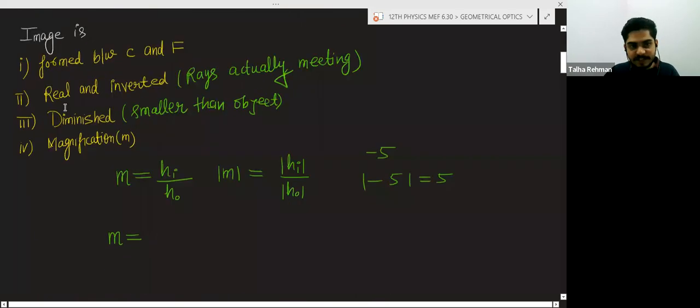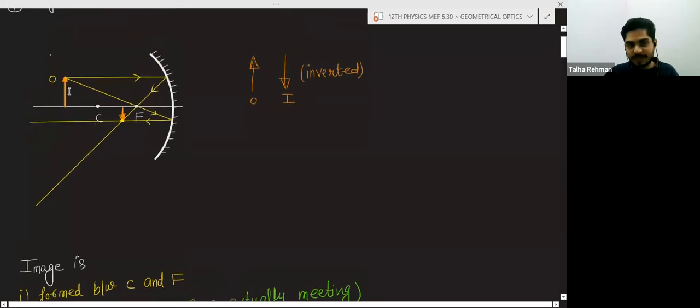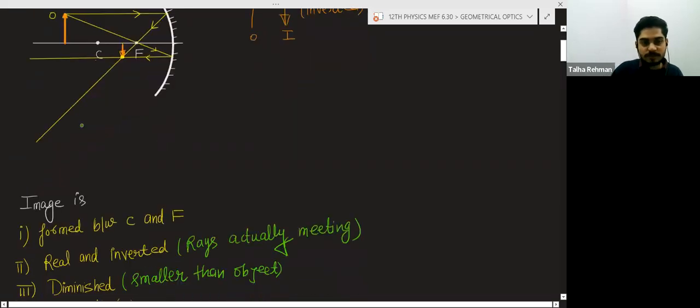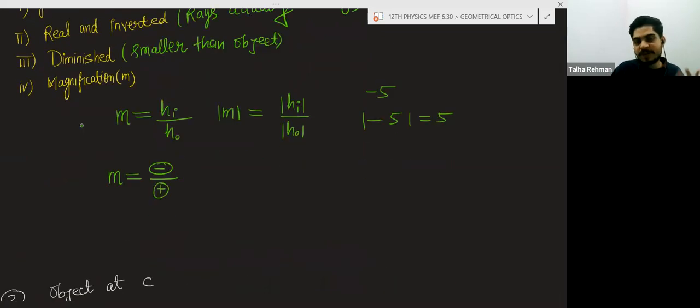And object is above the principal axis, you will take this height of the object as positive. So negative by positive means if I am writing -5 divided by 4, it will always be negative. So you can say the magnification is negative.